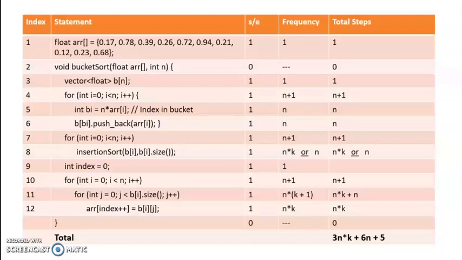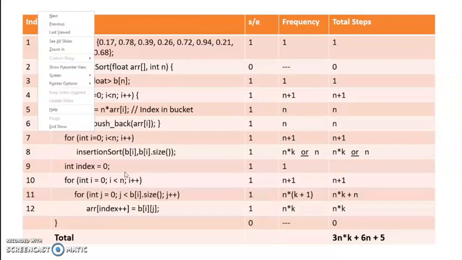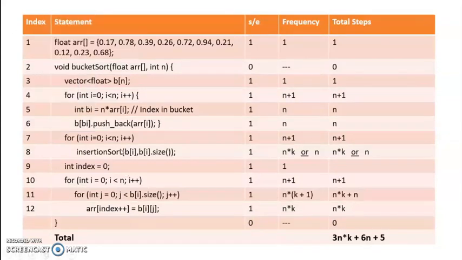Okay. So the next statement is again a for loop, in which we are internally sorting each bucket. So the loop will run for n plus 1 times, and this internal statement will run for n into k times. Here n into k means what?